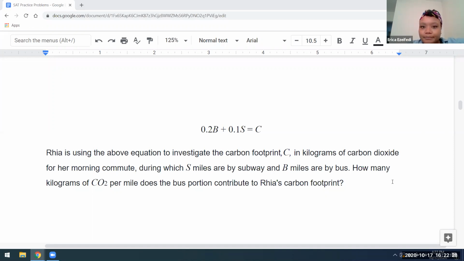So Ria is using the above equation to investigate the carbon footprint C in kilograms of carbon dioxide for her morning commute.